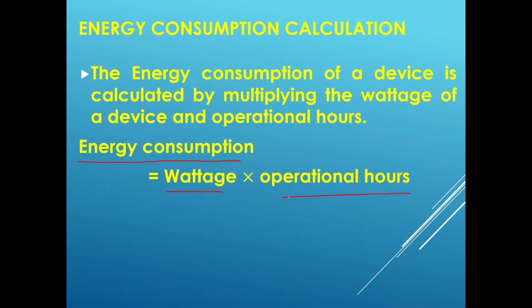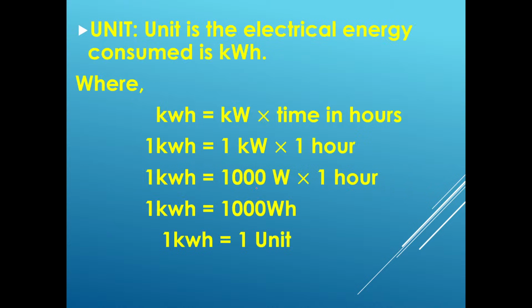Now if the electrical energy that is consumed by this electrical appliance is calculated in terms of kilowatt hour, then that is known as a unit. What is the definition of a unit? It is the electrical energy consumed in kilowatt hour.